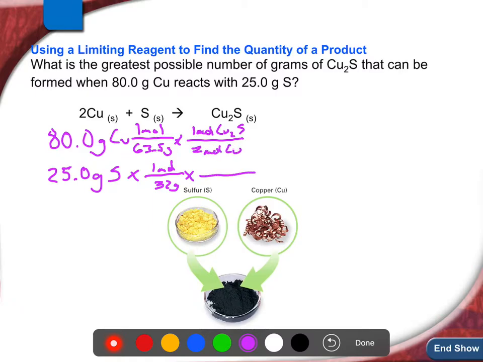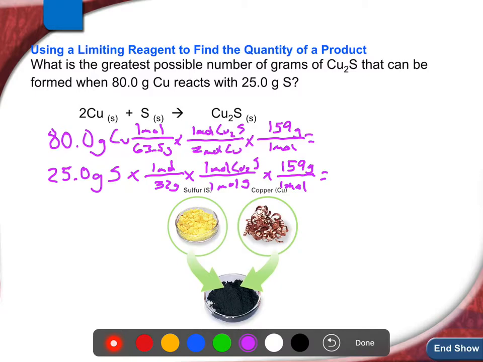That comes from the balanced equation. Down here it's 1 mole of sulfur to 1 mole of the copper 1 sulfide. And then when you are finishing up, 1 mole is 159 grams.